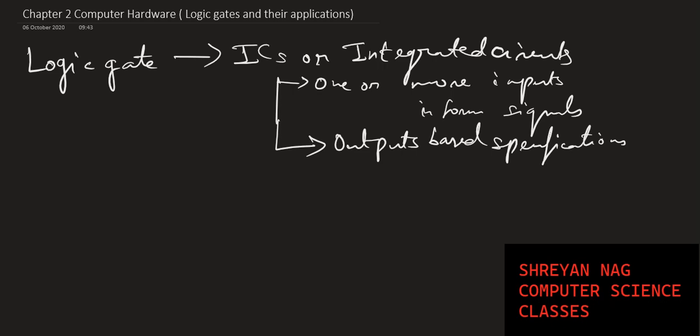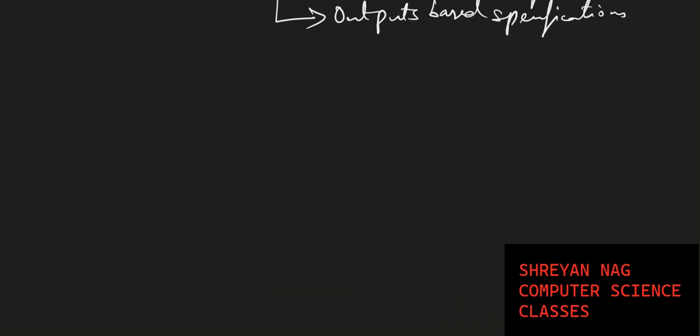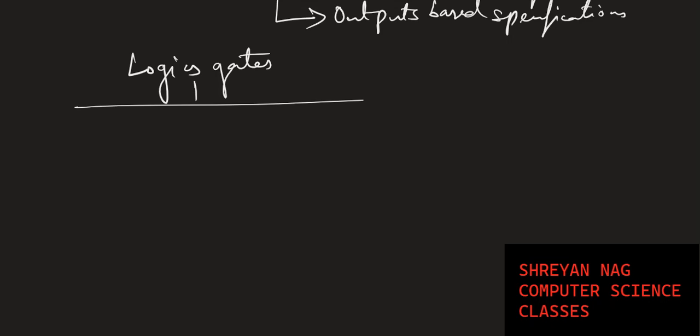Now, logic gates are of two types. One is fundamental logic gates and the other is derived logic gates.